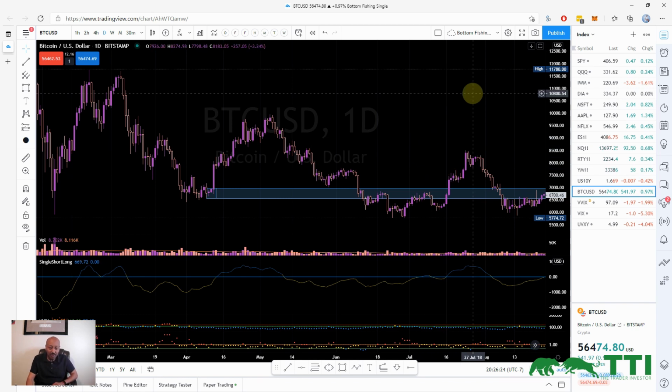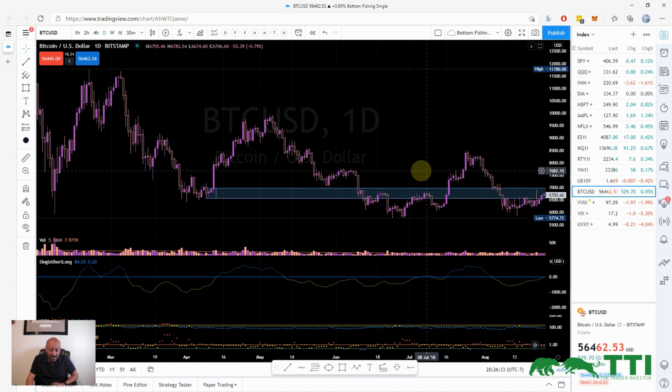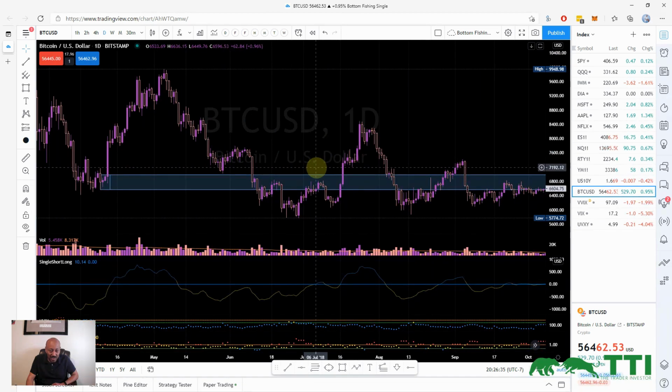So let's not talk about targets, but this is just how I'm looking at order blocks, mitigation, and then how we take it from that mitigation. Like I said, not everything works 100% of the time. This has worked, and it all depends on where we are exiting, how we are setting up our exits. So it doesn't mean it didn't work in this case, for example, but if we didn't take our profits, then we didn't gain from here.